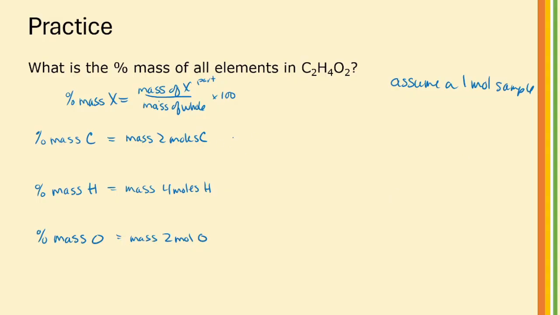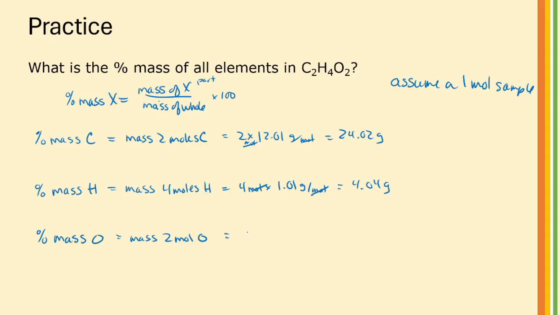All right, so 2 moles of carbon would be 2 times 12.01 grams per mole. So the moles cancel, and I get 24.02 grams. For hydrogen, it's 4 moles times 1.01 grams per mole. Again, I'm looking these up on the periodic table: 4.04 grams.